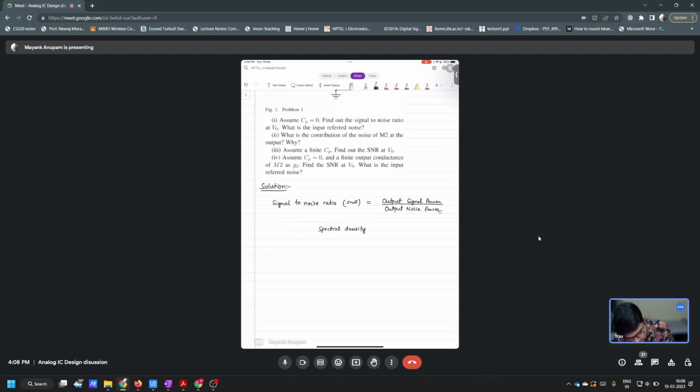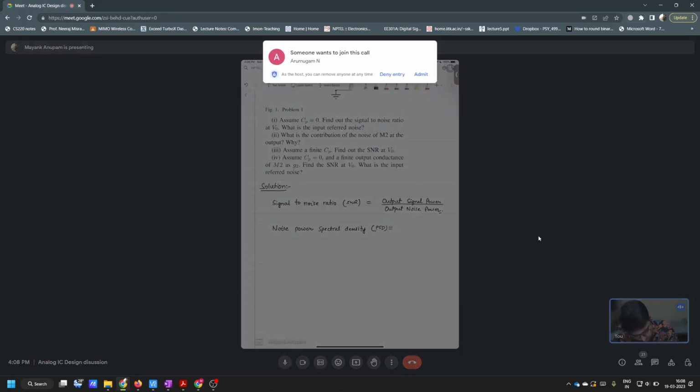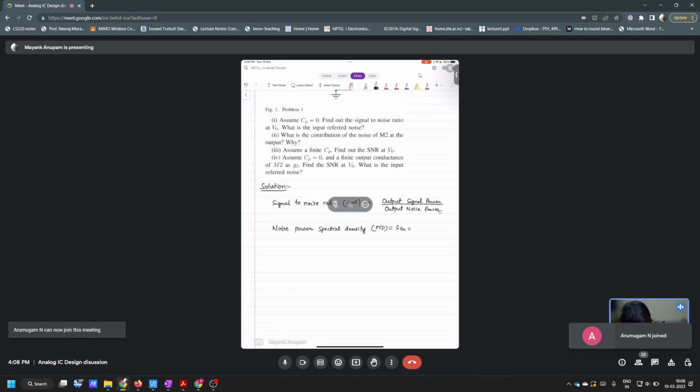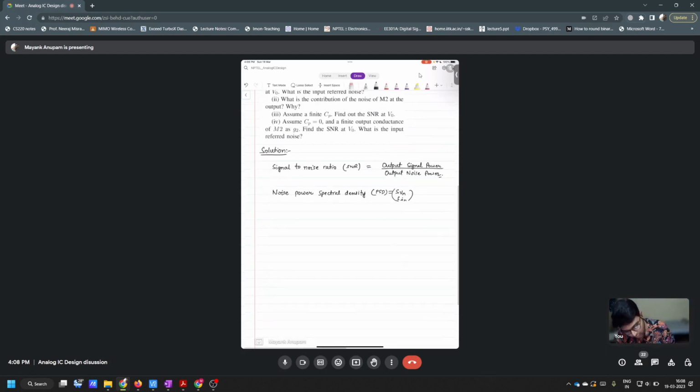Noise power spectral density, short for PSD, denoted as SVN or SIN, whatever you want to call it. SVN if it is voltage, SIN if it is current. So it is the power content per unit frequency, per hertz. It's the power of the noise at some particular frequency. Power density, basically.